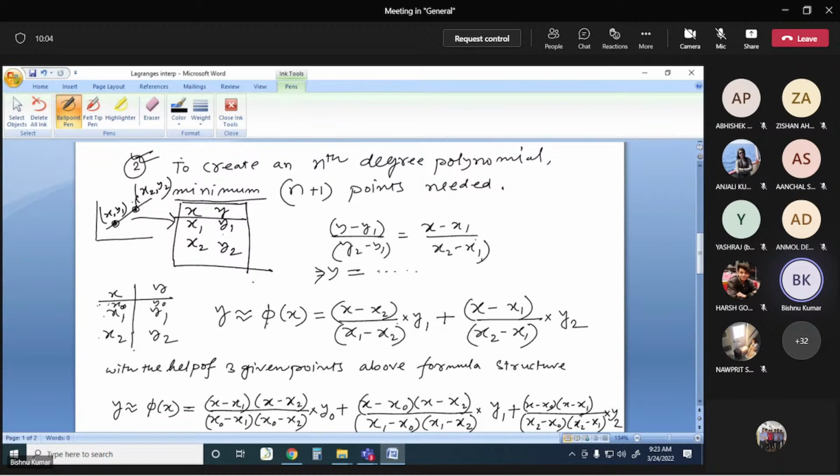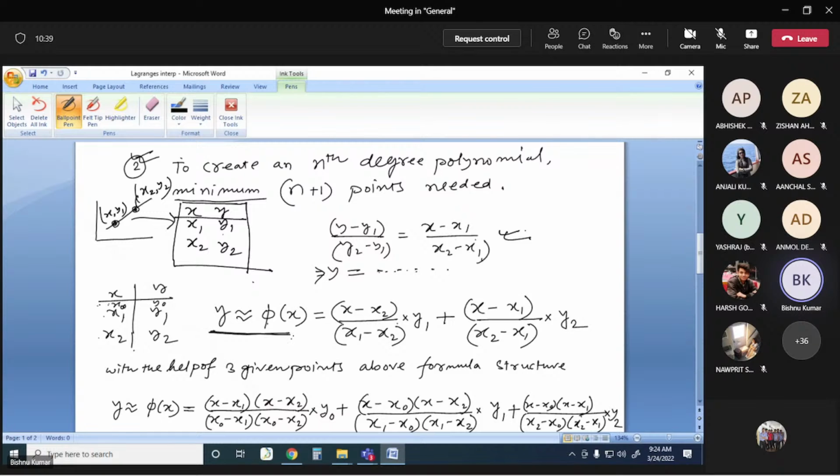So what is the equation of the joining straight line? If 2 points are given to you, what is the definition of this straight line? Can you construct that straight line by this formula? Are you able to see this formula? Yes, sir. So after y minus y1 by y2 minus y1 equals x minus x1 by x2 minus x1, after doing a little bit of manipulation or calculation, you will get y equals a function of x.